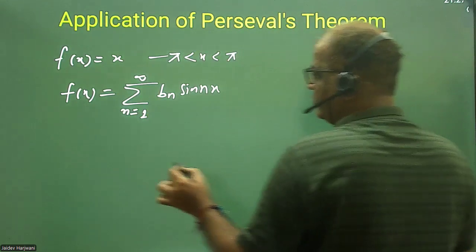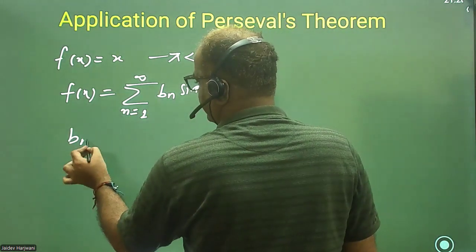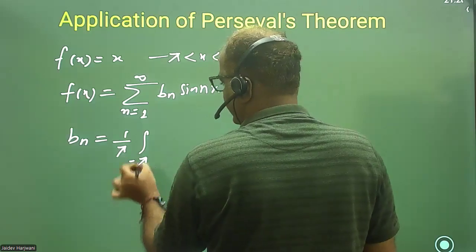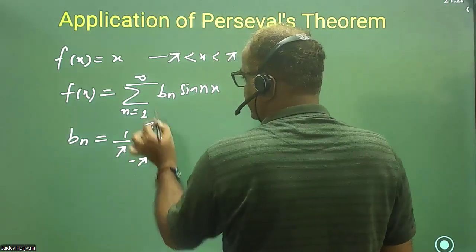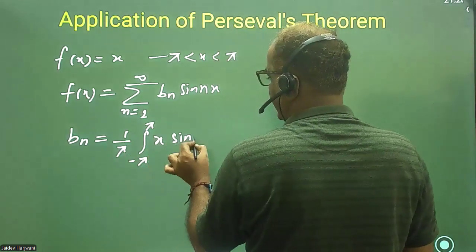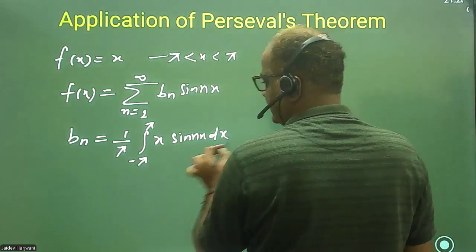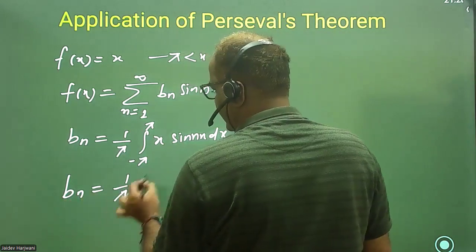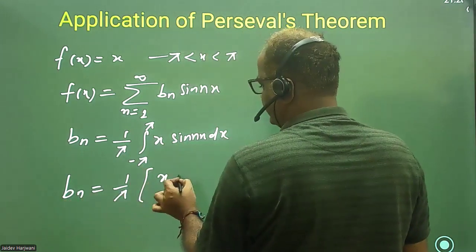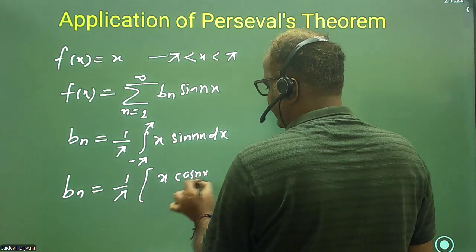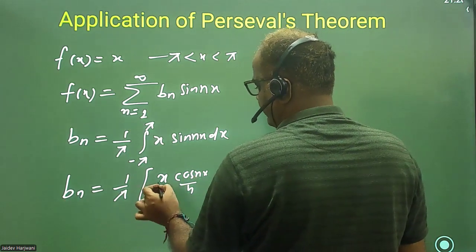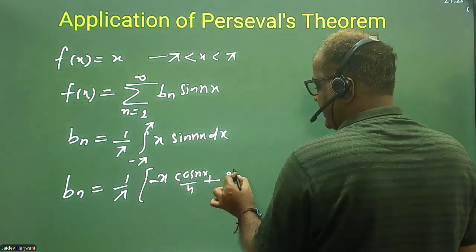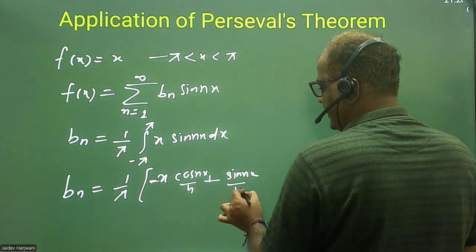And now we know how to find the value of bn. bn is given by 1 by pi, integral from minus pi to pi, of the function x sin(nx) dx. If I integrate this by parts, this gives me minus x cos(nx) upon n, plus sin(nx) upon n square.